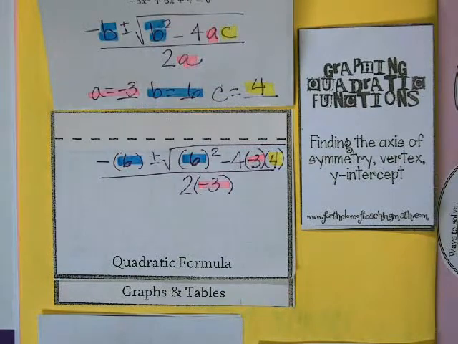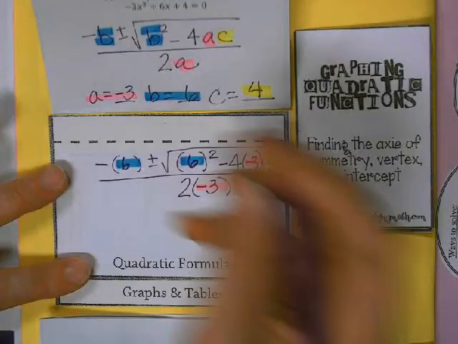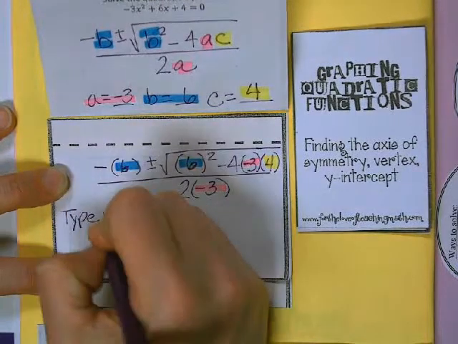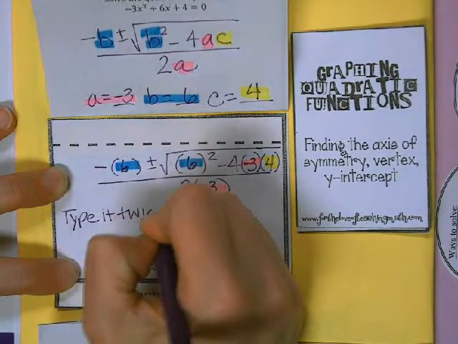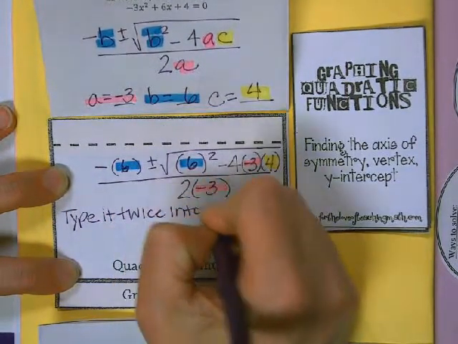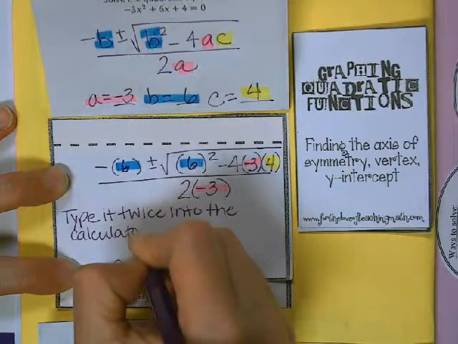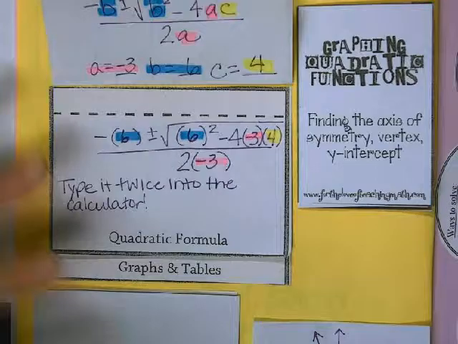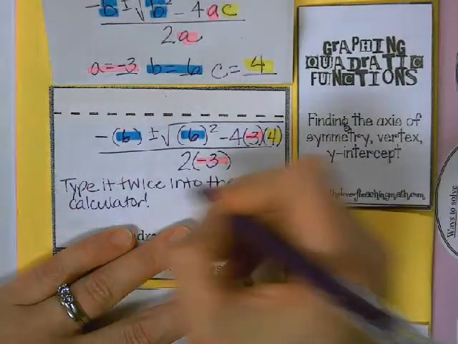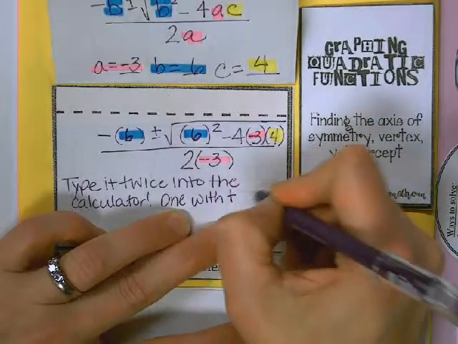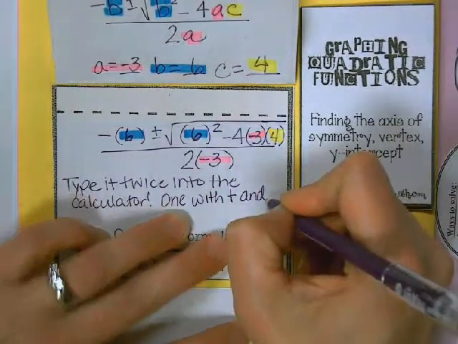And then you just type this into your calculator. How many times do you type it? You type it twice. The first time you type it into the calculator, you type it with plus, and one with minus.